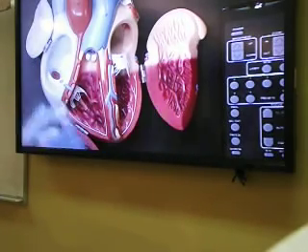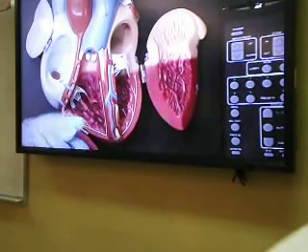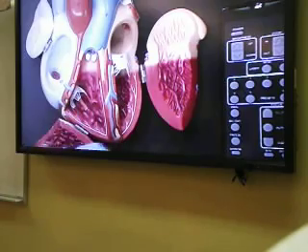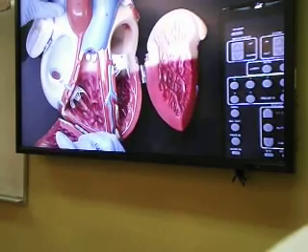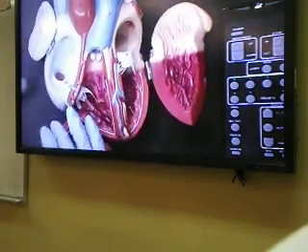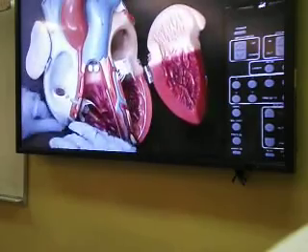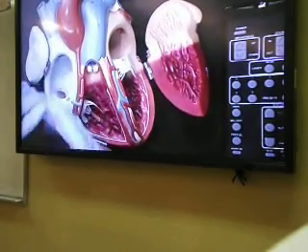So what is actually going on? What is going on is that the right atrium is receiving deoxygenated blood from the superior vena cava as well as from the inferior vena cava.